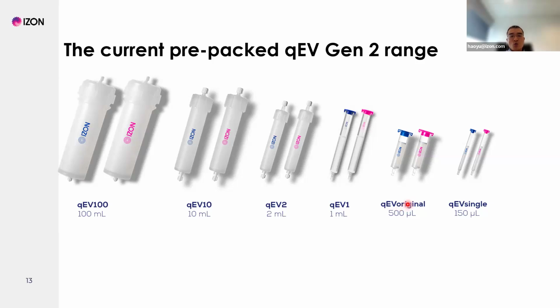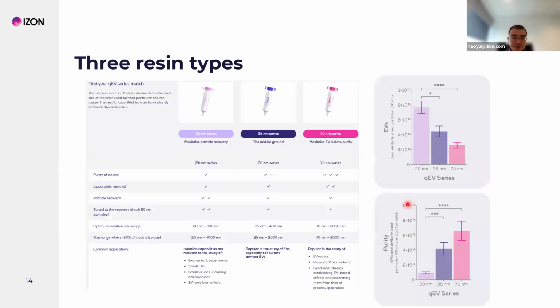But that is not to say this is the only range we can provide. We have other customized columns which are scalable to our QEV 2700. 2700 means the loading volume is 3 liters. That's an industry-scale column which we will introduce later.